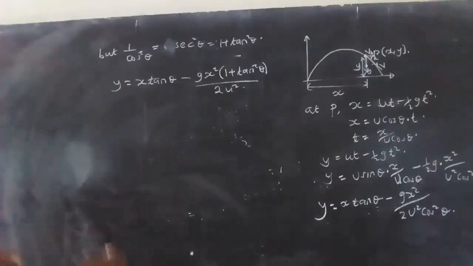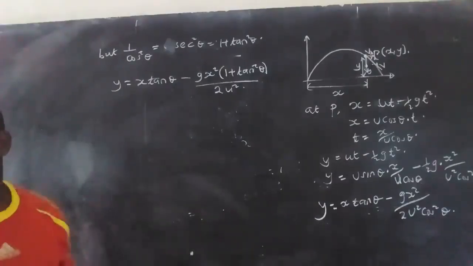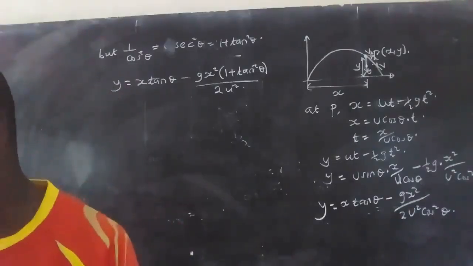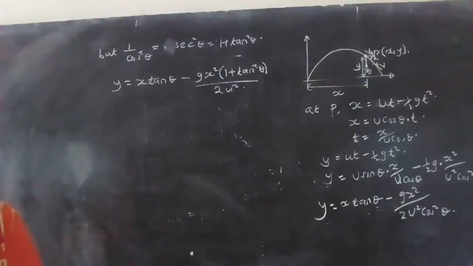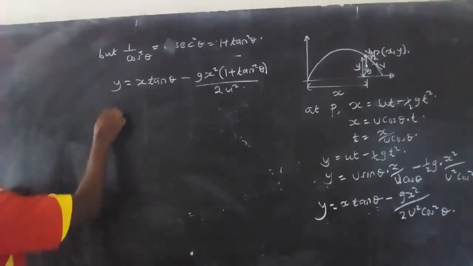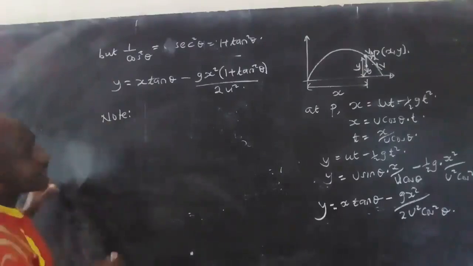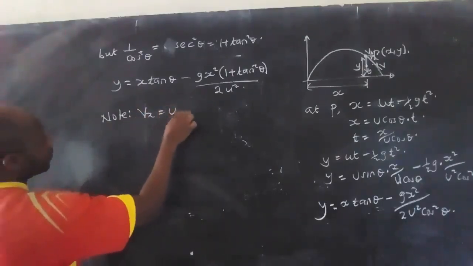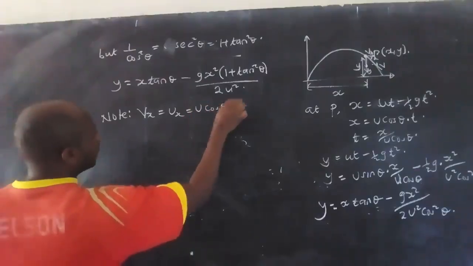So to define trajectory, we say trajectory is defined as the path described by a projectile. Then we finally say, note. We are saying that at that point our Vx is same as Ux, which is u cos theta.